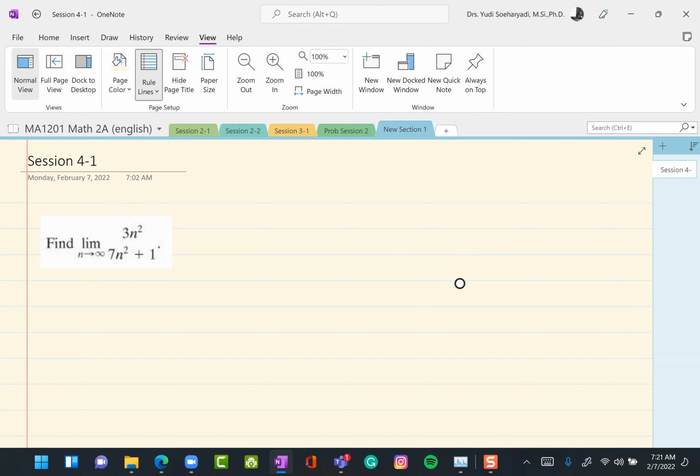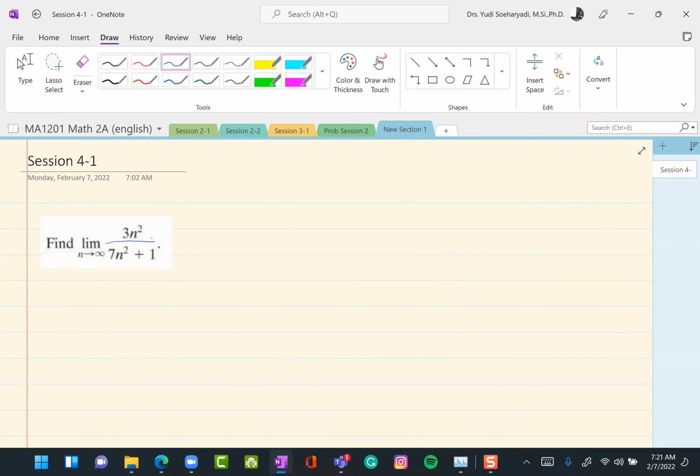Okay, so in this case, remember the trick that I mentioned maybe last week or so: you try to identify what is the value, and then try to factor those out. So n is large because n is going to infinity. So 3n squared is large, 7n squared is large.